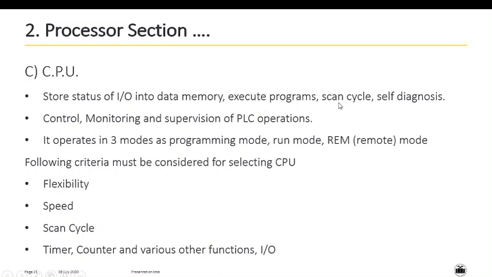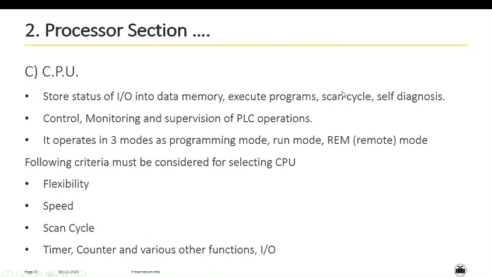It executes the scan cycle. So what is the scan cycle? It continuously seeks the inputs. If inputs have arrived, it processes those signals. After processing, it turns on the output status, and if the output status exists, it gives a signal to the actuators. We are going to see this scan cycle in detail later.